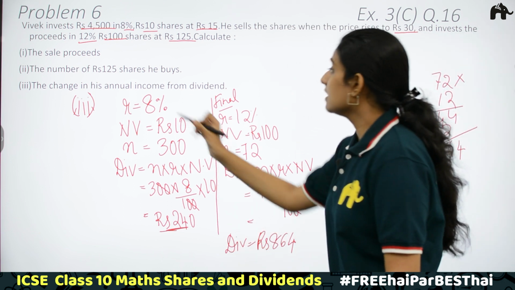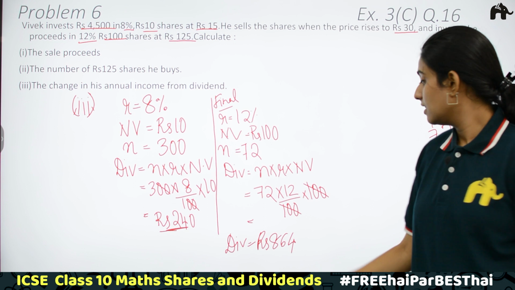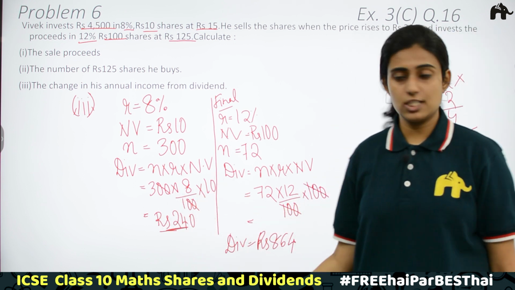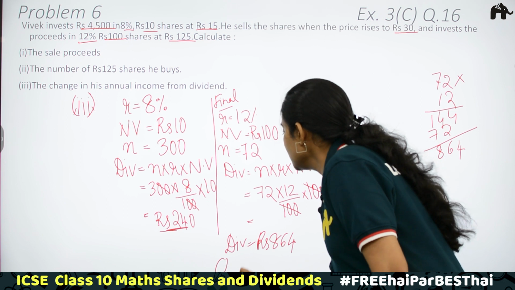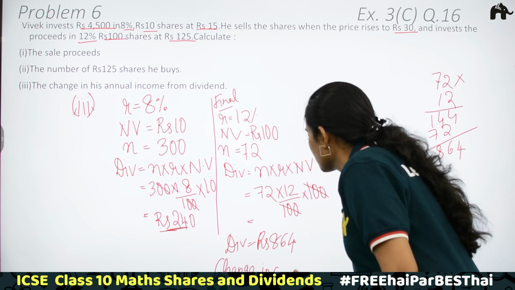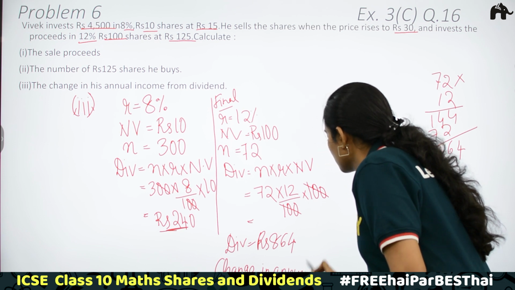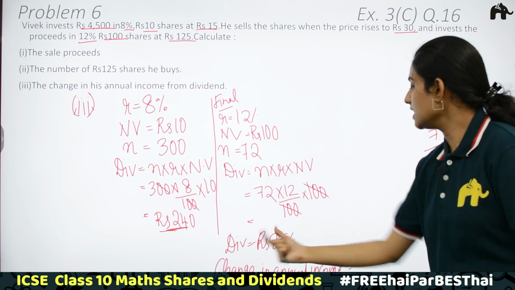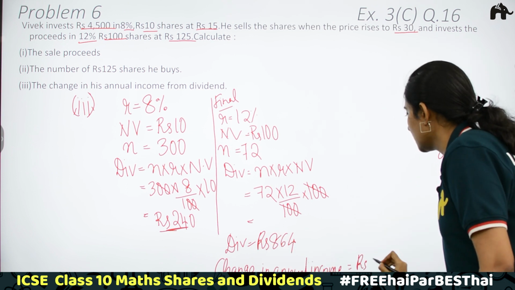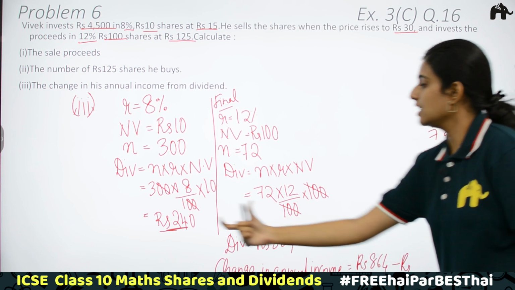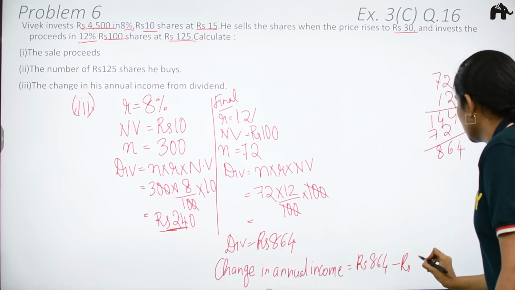Now what is the change in his annual income? Dividend here minus dividend initially. That is, change in annual income is equal to rupees 864 minus rupees, initially it was 240.